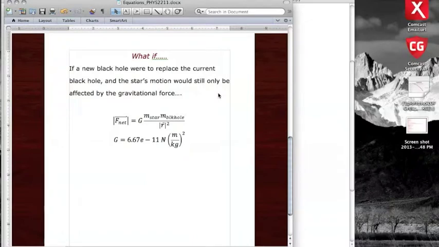Well, the answer to that question is yes, because if the star's motion changes, orbit changes, or speed changes, then we can use the same process we used before with the old black hole to find a new F net here, which means a new gravitational force, and with Newton's law of universal gravitation, find a smaller or larger mass of the black hole.